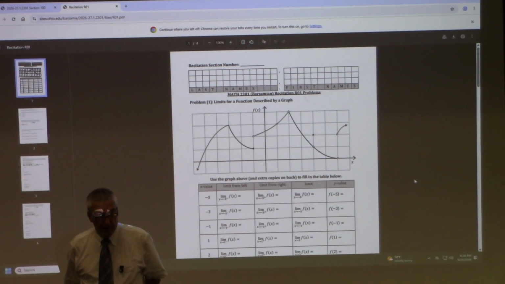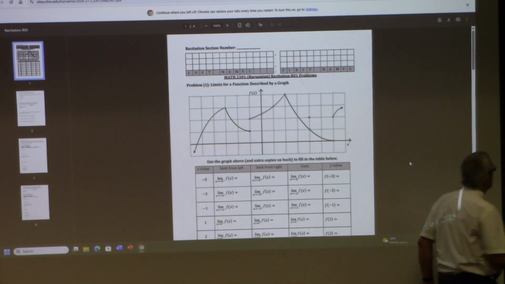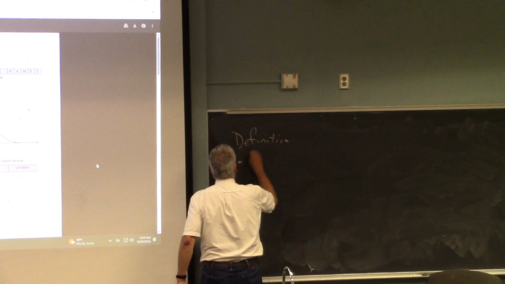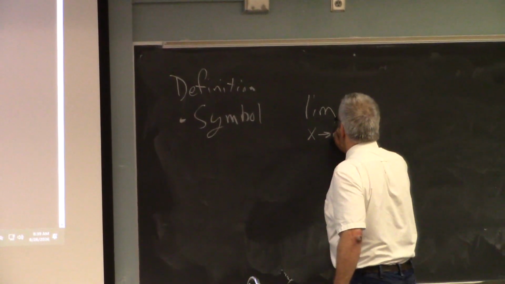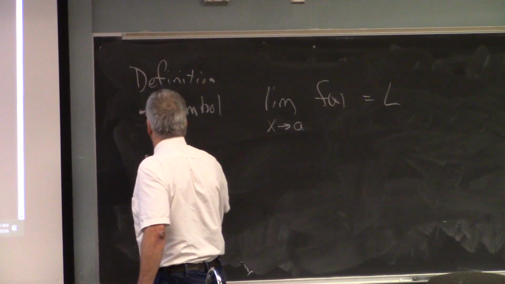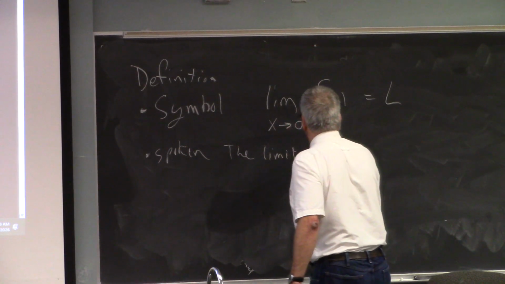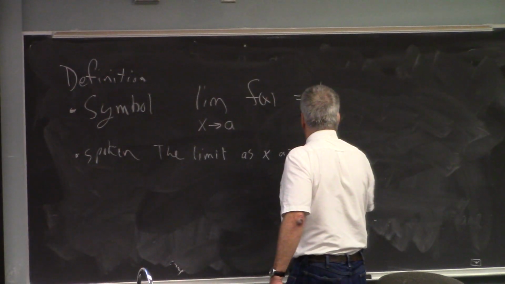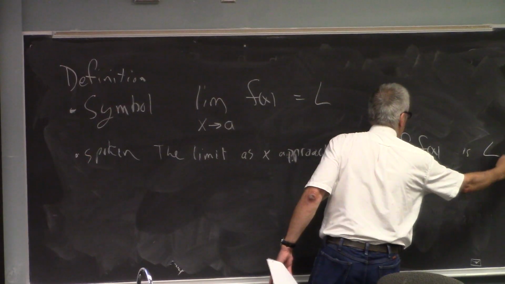Remember, the definition of a limit was that, first of all, there's this symbol, lim as x arrow A of f of x equals L. This is spoken: the limit as x approaches A of f of x is L.